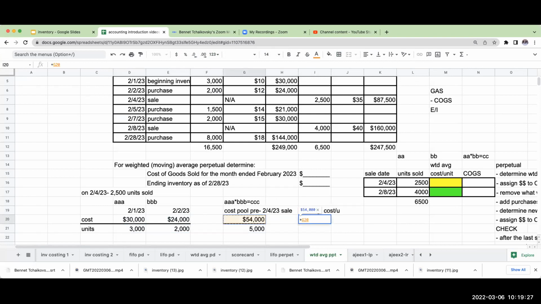This is going to be 54,000 divided by 5,000, or $10.80. I'm spending more time doing this because this is what you're going to have to know how to do.